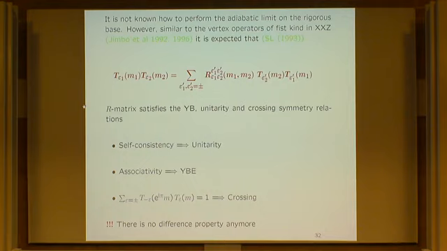The limit is very difficult because infrared divergences appear here. But we postulate, similar to what was done for the XXZ spin chain by Jimbo, Miwa and collaborators, that these operators satisfy this type of conditions.